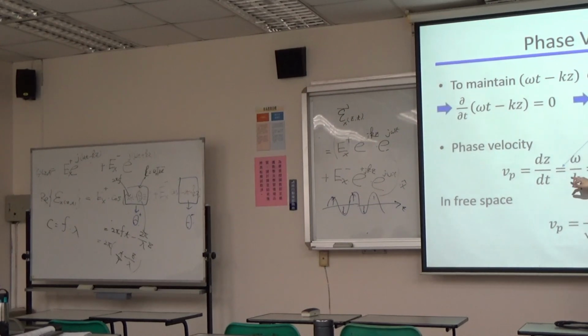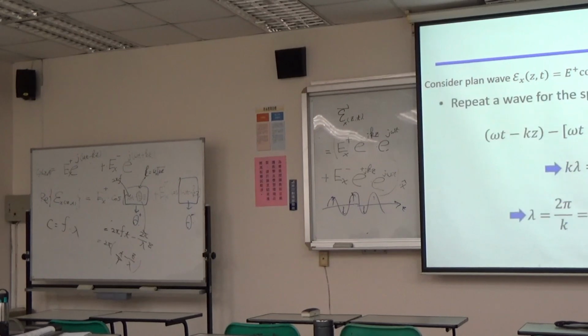So your K equals omega divided by Vp. Everyone is connected. So K equals omega divided by Vp, and put them here, you obtain lambda equals 2 pi Vp over omega, and omega equals 2 pi f, right? So you cancel 2 pi out, you obtain lambda equals Vp over f.